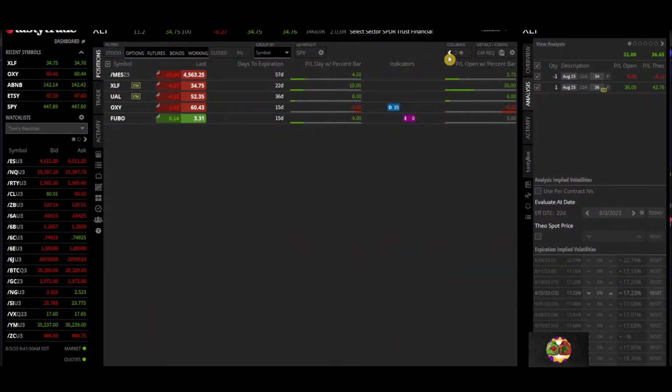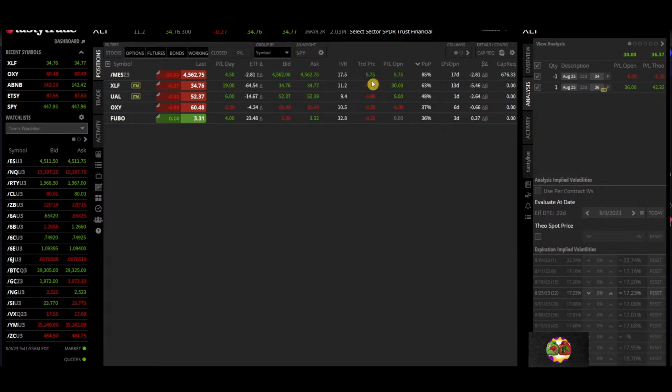Let me see if I can find it in here. Trade price. All right, 73. So I paid 73 cents, but it's one contract, so that's $73. So that would be minus 73, right?